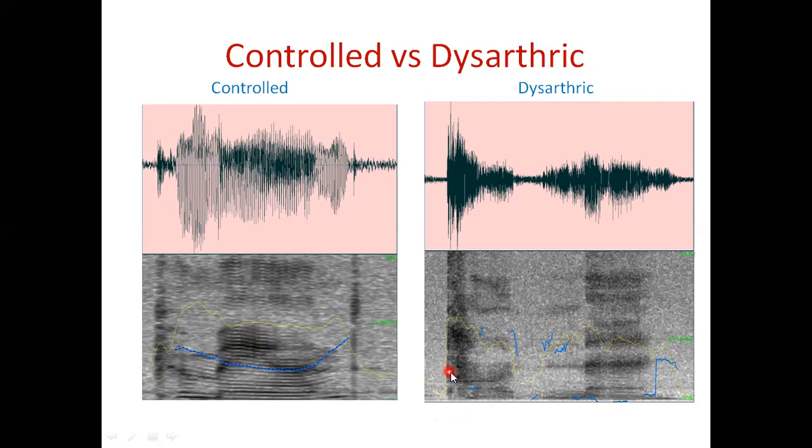Similarly, here you can see this kind of dark band. There are some dark lines here, dark lines here, correct? So these are called formants. They are the resonances created in the vocal tract. And you can also see this blue line which says what the pitch of the person is at that time.